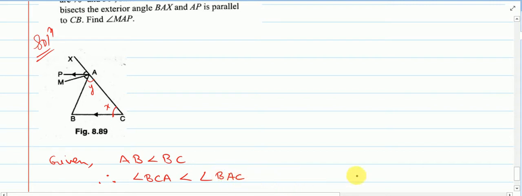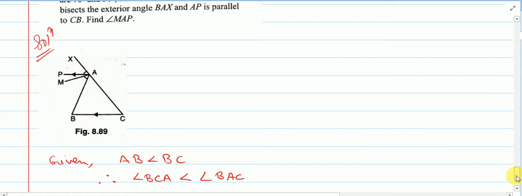Clear? So we don't have to mention X and Y also. Since AB is less than BC, the angle opposite to AB, that is this angle, is going to be smaller than this angle.